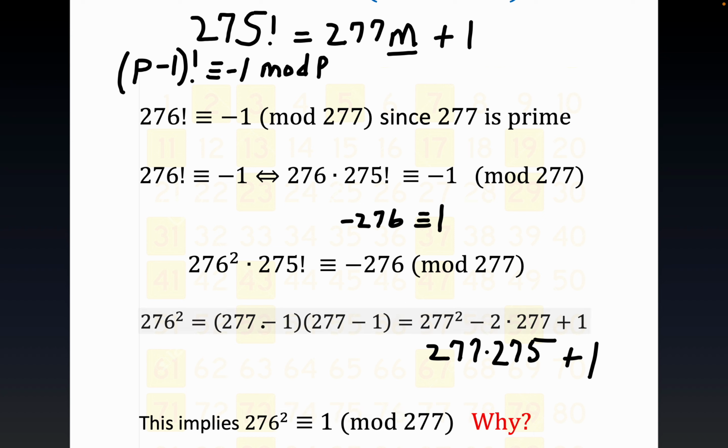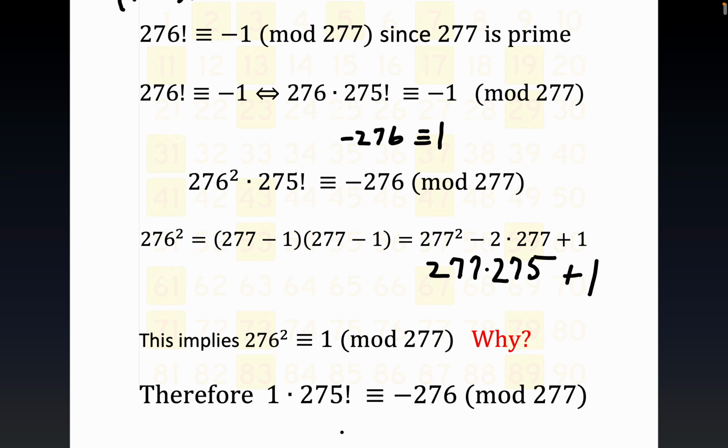This fairly simple arithmetic right here leads to this truth right here. Now that's a very big deal, because 276 squared is congruent to 1. We can just replace 276 squared with 1, and we get this statement right here. Now we've already indicated that minus 276 is congruent to 1, and so really we're done with what we tried to prove.